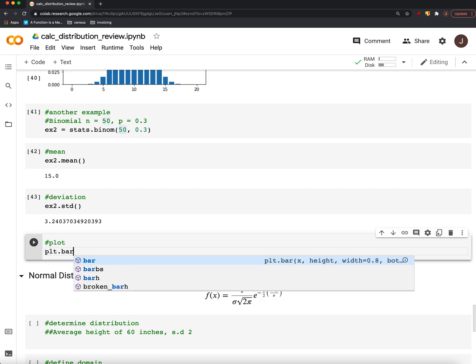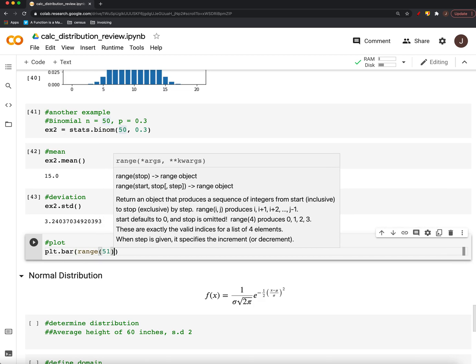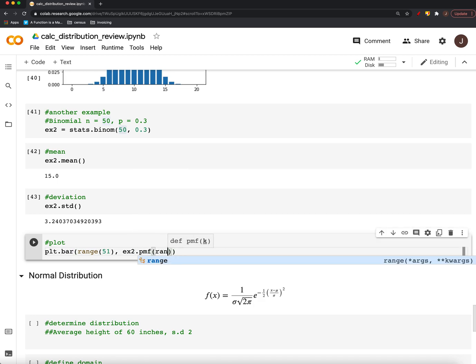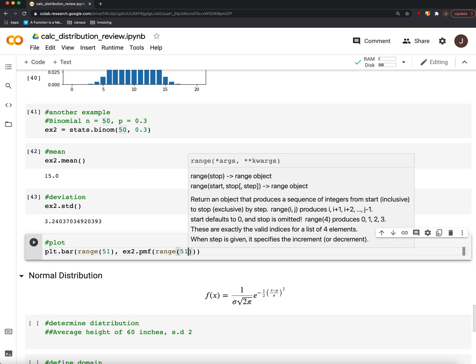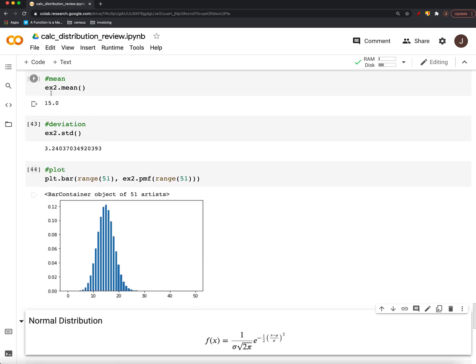Well, let's look at a picture here. And our mean of 15, you know, that is where this thing looks like it's centered.